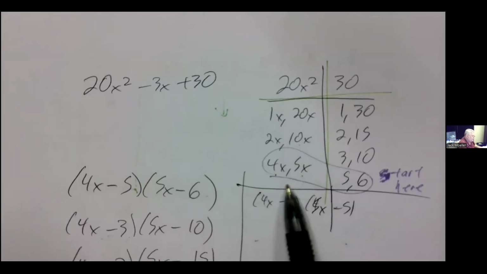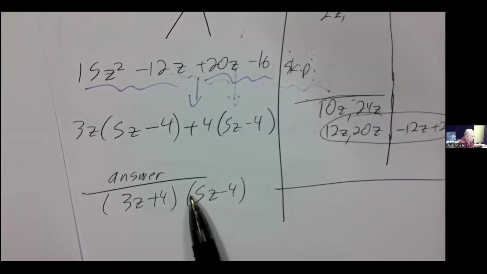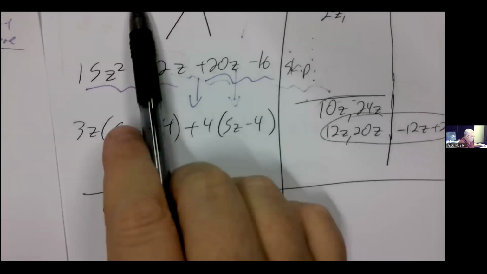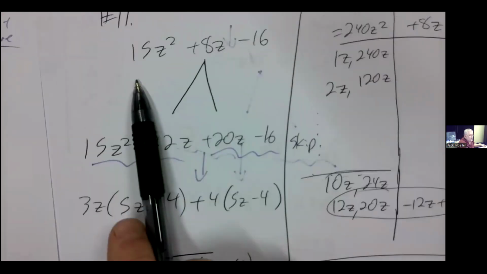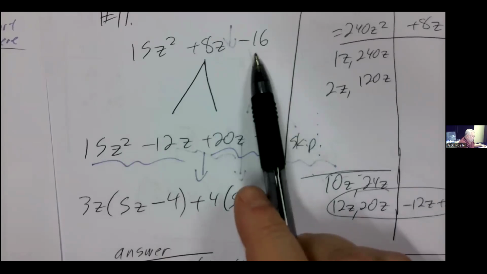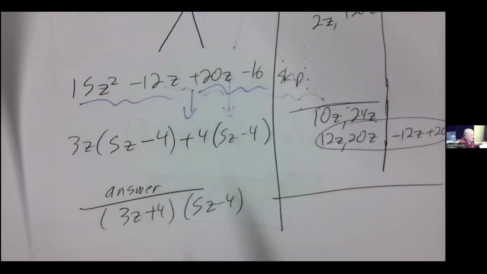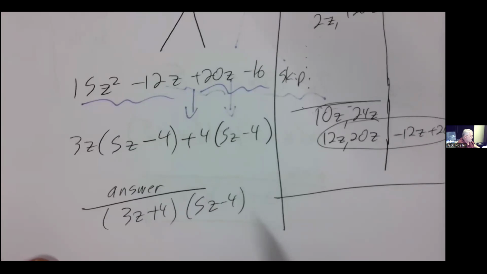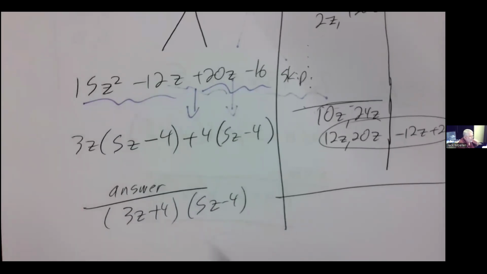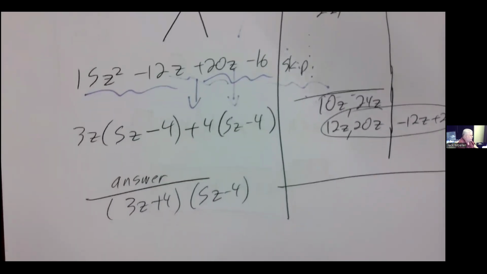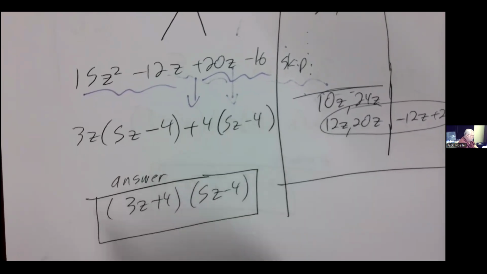But if you try those that are close together, notice 3 and 5 are the closest numbers you can do for 15, and 4 and 4 are the closest numbers you can do for 16. So even though this is kind of messy, with reverse FOIL, the way they wrote the problem, you probably got lucky with reverse FOIL, if that's your cup of tea.